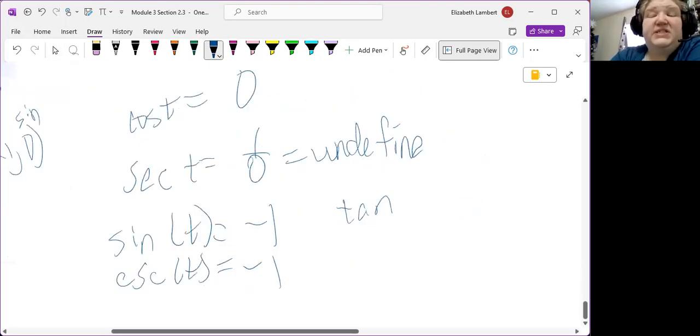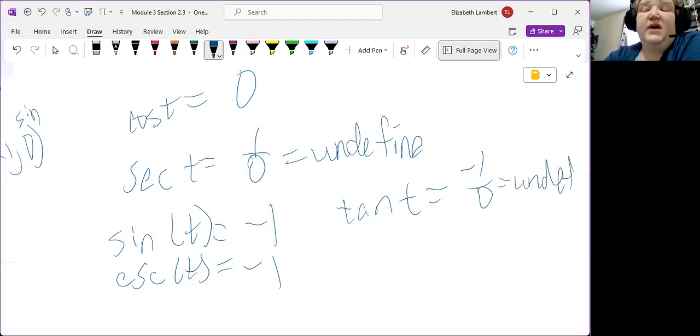So tangent is sine over cosine. -1 over 0. Uh-oh. Undefined. Can't divide by 0. But our cotangent can.